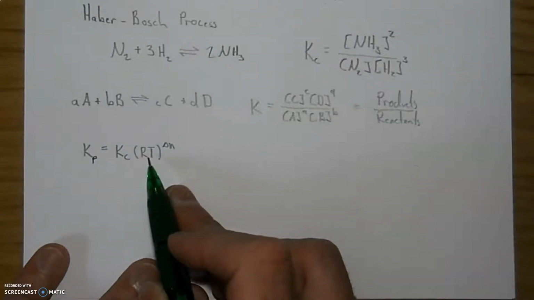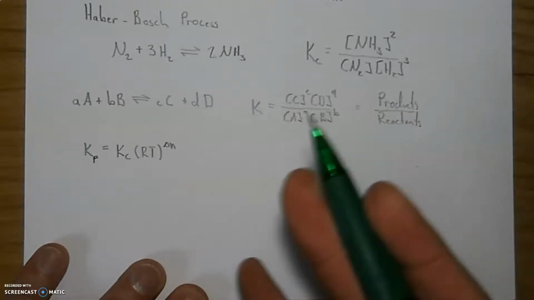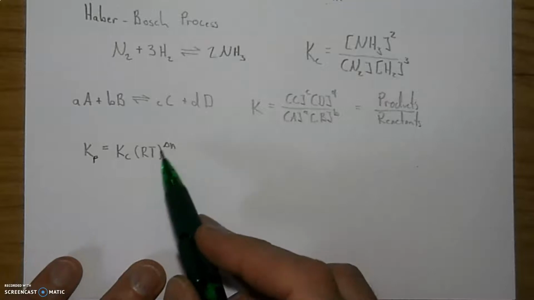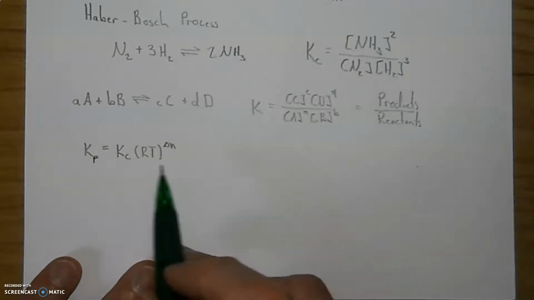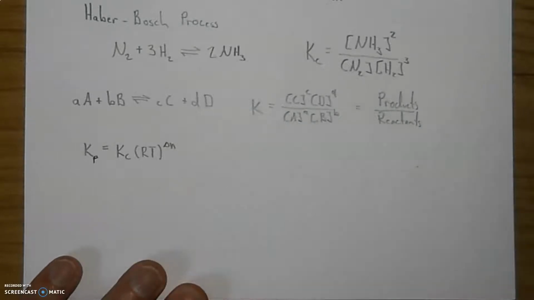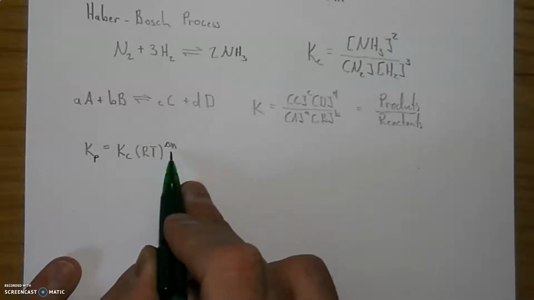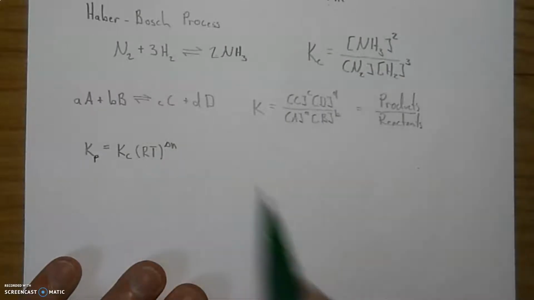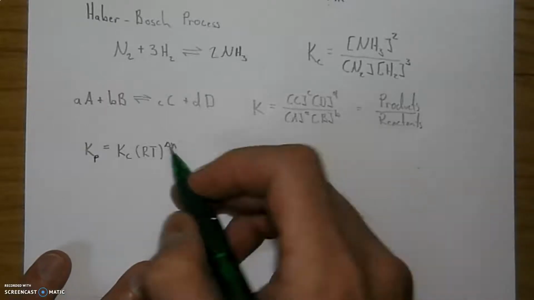And the R value is going to be based on atmospheric pressure, so ATMs. Therefore, you're not using 8.314. Make sure you're certain of that. We're going to be using the 0.0821, and we'll write it down in a minute. Temperature in kelvins, and this is the difference in the number of moles of products and reactants of gases. And I'll write all this down. Okay, let's begin.